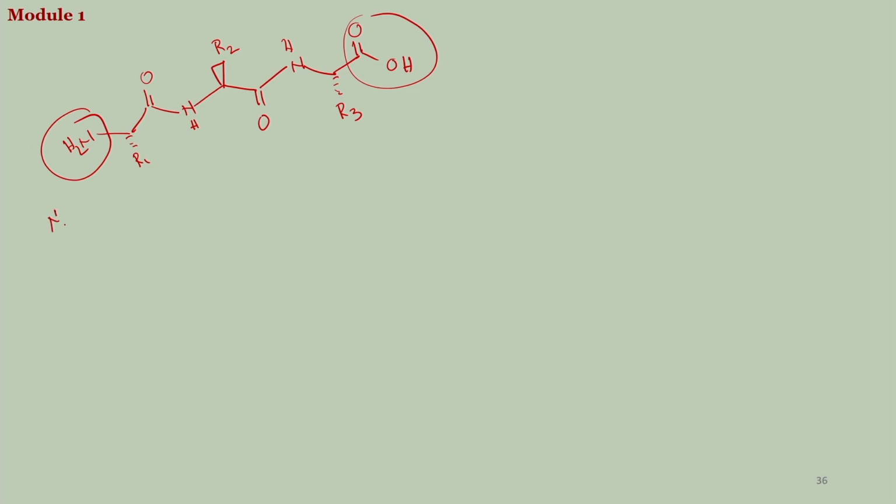This is called the N terminal of the protein, and this is known as the C terminal. N terminal for the amine terminal, C terminal for the carboxylic acid terminal, and this is usually the practice that we use to write or represent the structure of a protein.